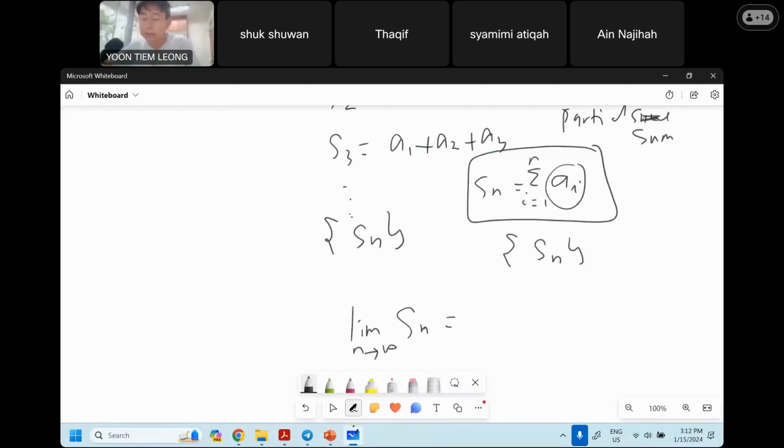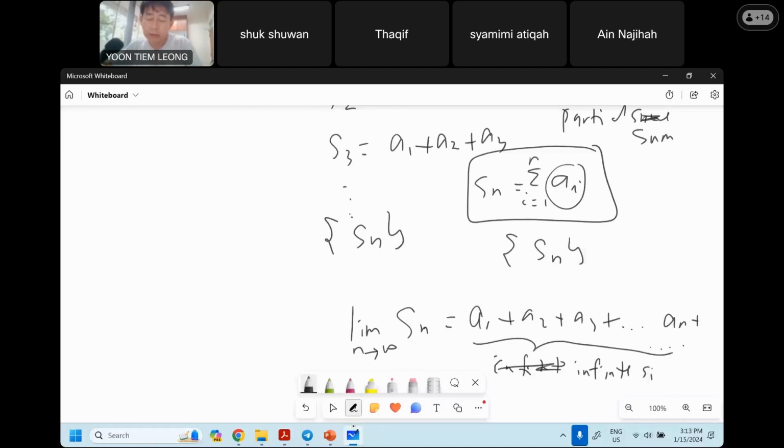In this sense, the Sn that contains infinite terms, which is written as a1 plus a2 plus a3 plus up to the infinite term, is called an infinite series. So there are two concepts here.